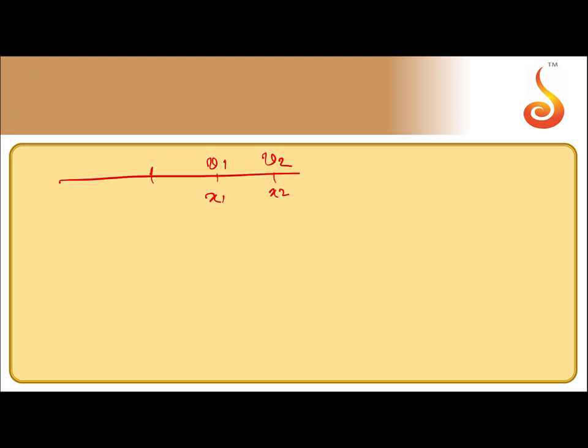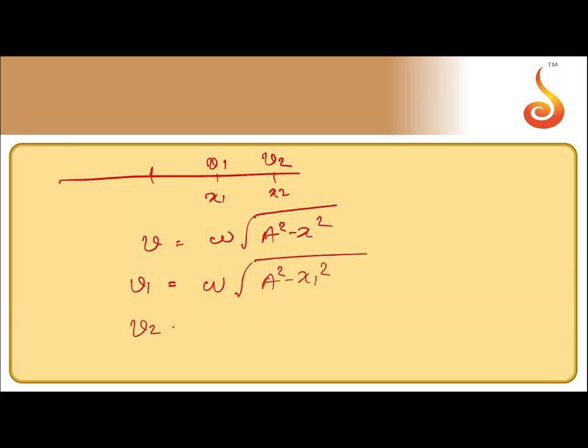Now how do we relate them? You know that v is given by omega root a square minus x square. So v1 is equal to omega root a square minus x1 square, and v2 is equal to omega root a square minus x2 square.